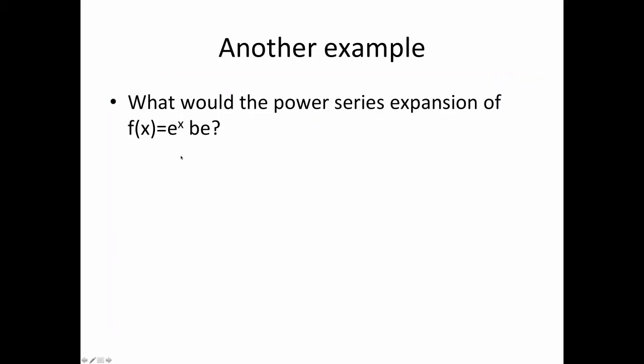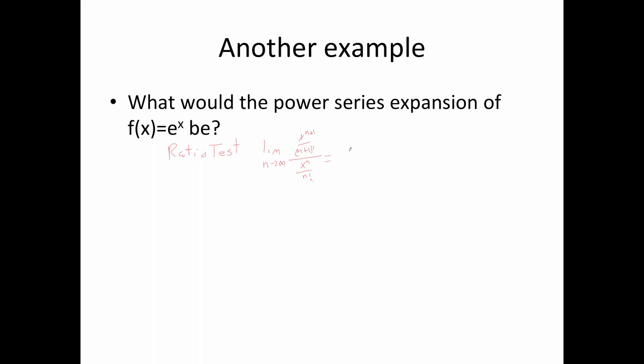So the radius of convergence, well, if we use the ratio test, we take the limit as n goes to infinity of a sub n plus 1, which is x to the n plus 1, over n plus 1 factorial, and divide it by x to the n over n factorial.